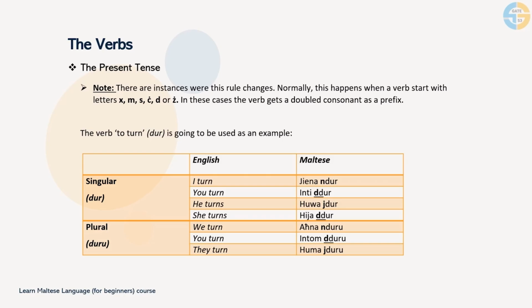Hija iddur, double D there. And the plural duru. We turn, aħna nduru. You turn, intom idduru, double consonant there as a prefix. And they turn, huma iduru. Alright, so hope that was clear as well.